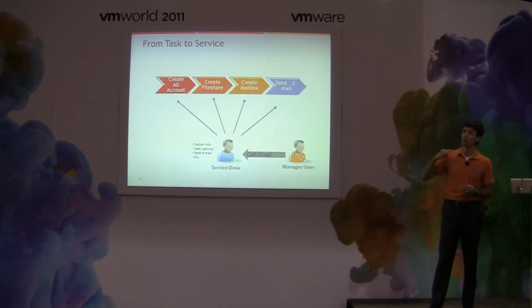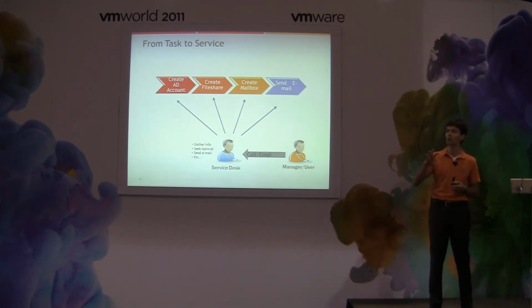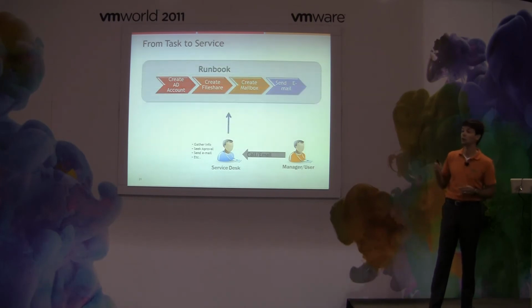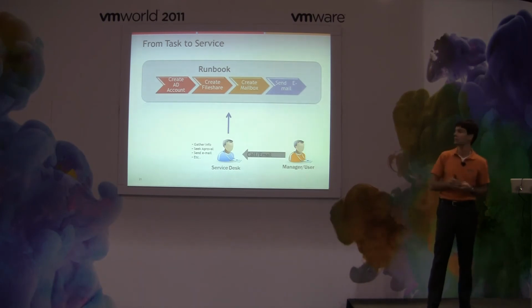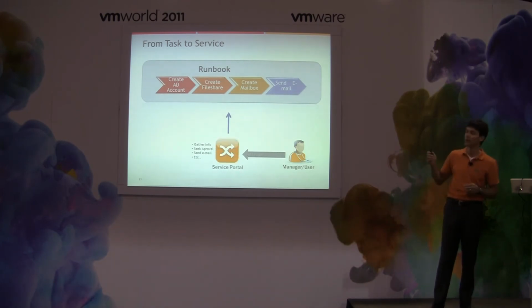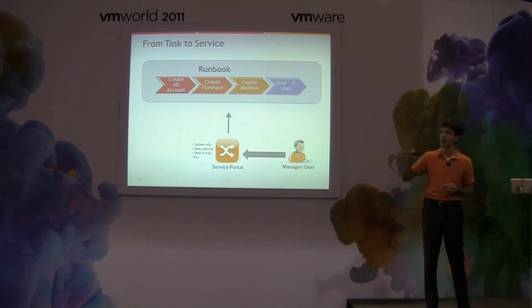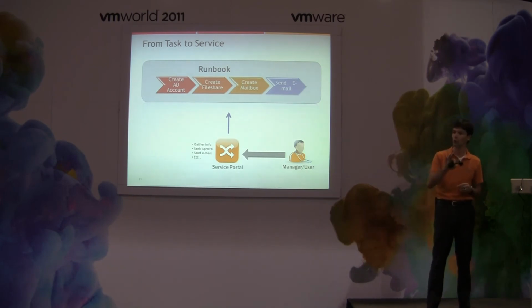What I've shown you in the previous demo is that I created the runbook to create Jeff's account. This runbook was encapsulated into a very easy to kick off runbook. I only needed to enter those parameters. The next step that we will do is we will replace the help desk with the service portal. The service portal is called the orchestration client.